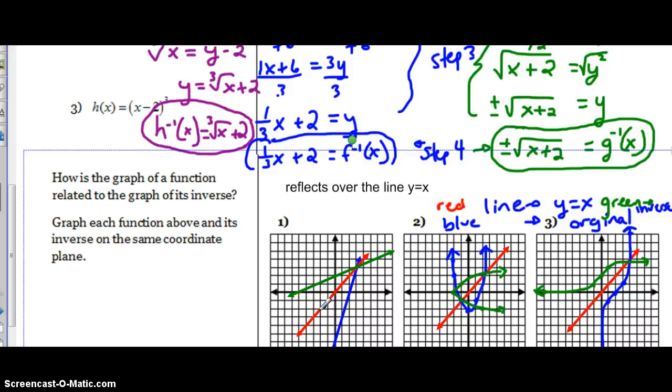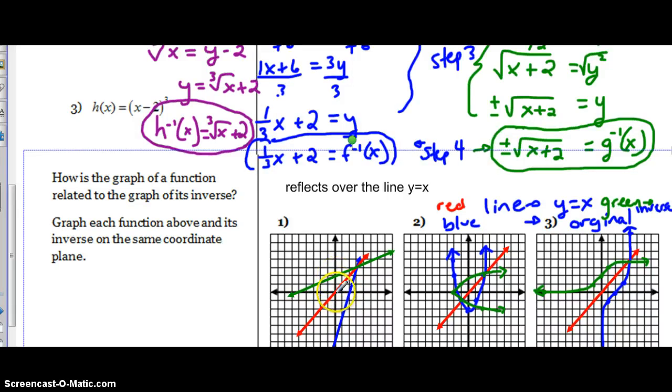Also, I want to look at some points in case a graph is given to us and we have to find the inverse graphically. Then you would take points from your line and switch the x and y values, just like we did algebraically. So if I look at this point on my blue line, we'd have (2, 0). When I graph the inverse, I would plot (0, 2).